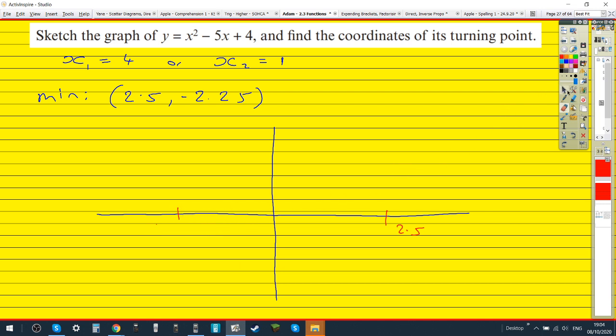Yeah, it is. Aha, there we go. So that is 4 and 1. So that's 1, that's 4. And so there we go. Something like that. Our minimum, the coordinates are 2.5 and it's down at minus 2.25.